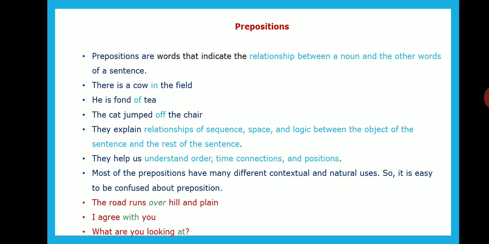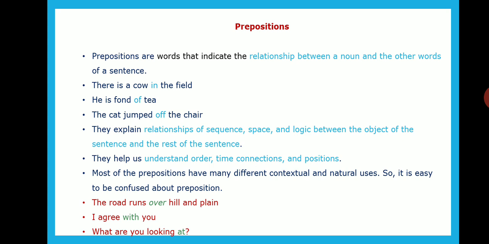Now sentence 3. Read the sentence. The cat jumped off the chair. It is O-F-F, double F. That is the preposition. It shows a relation between the action expressed by the verb, and the noun. What is the verb here? Jumped.